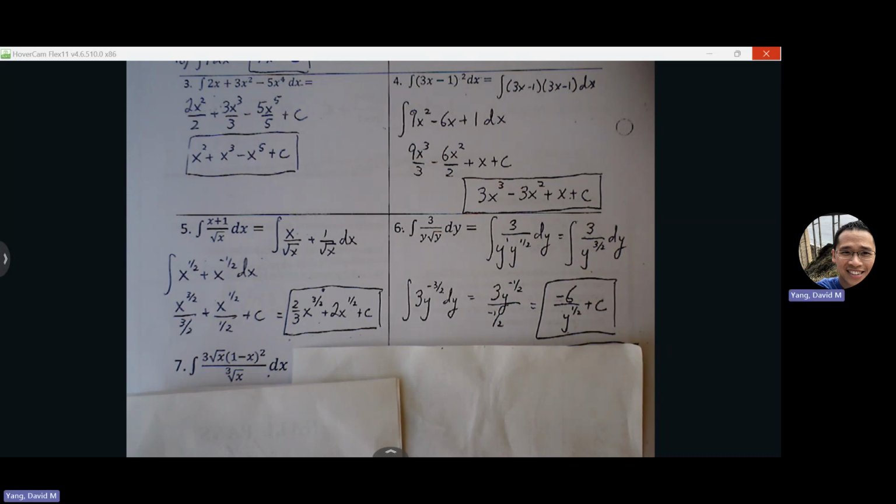Yes. Number 5. Yeah, so this was x over x to the 1/2. And if I have the same base, if I'm trying to divide x, I'm going to subtract exponents. So 1 minus 1/2 is 1/2.